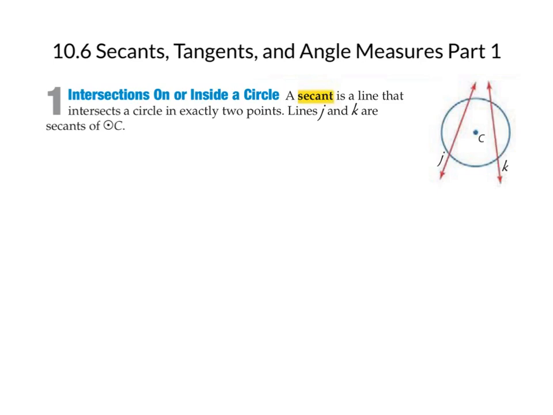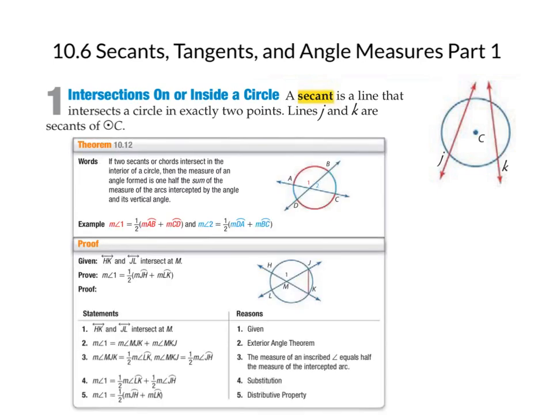Here's the first one. This first theorem says if you have 2 secants and they intersect in the interior of a circle, then you can tell what the measure of the angle is that's formed by the secant's intersection if you know the measure of some of the arcs.